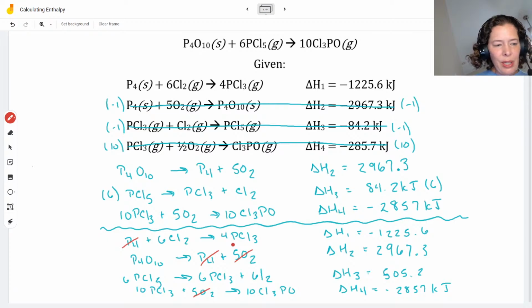My PCl3, so again, I have 4 PCl3 here and 6 PCl3 here. Those are additive because they're both products. So I have 10 PCl3 on the product side, but here I've got my 10 PCl3 on the reactant side. So these 3 together do add out. So that's fantastic. And I have, is this it?